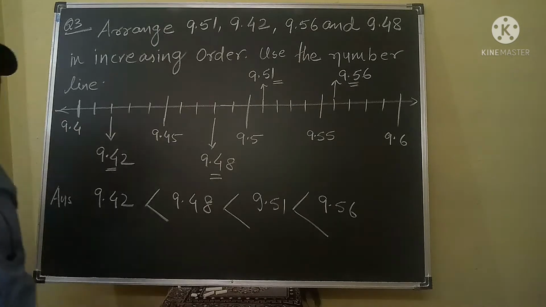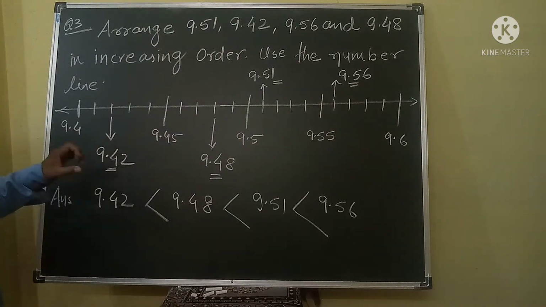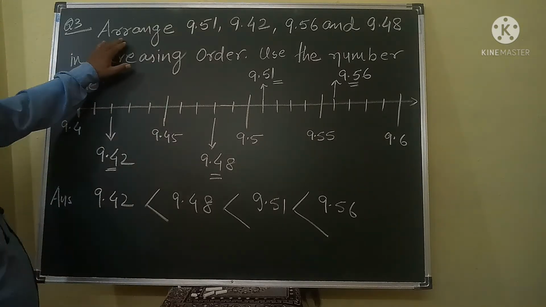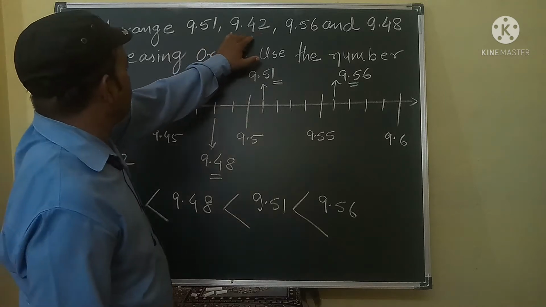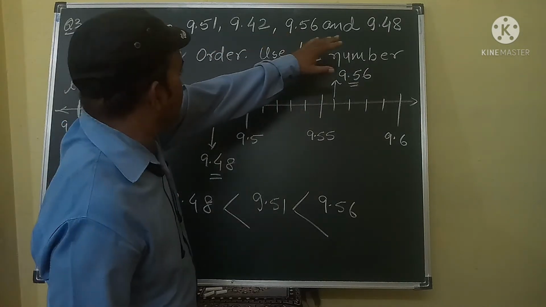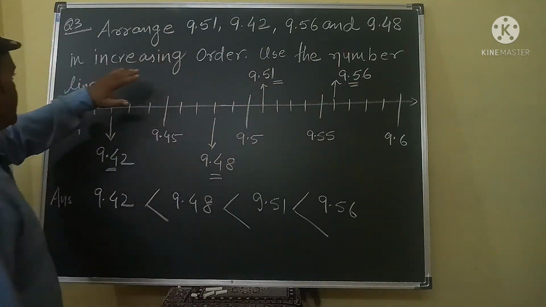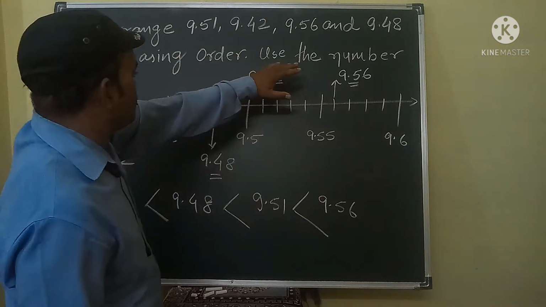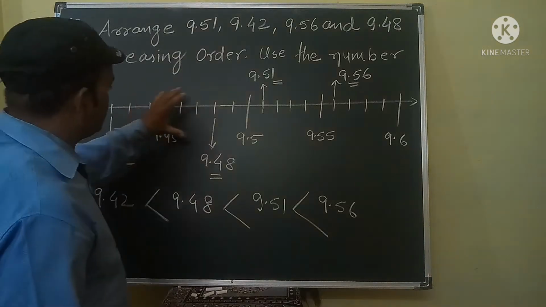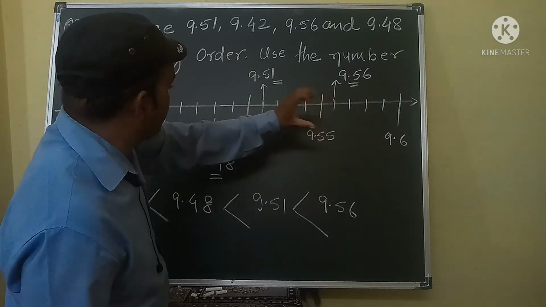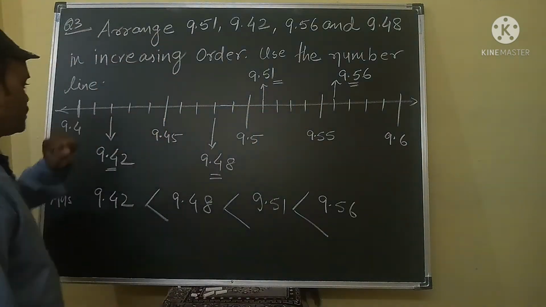Again I will explain. Your question number 3 is: arrange 9.51, 9.42, 9.56, and 9.48 in increasing order. Use the number line. My dear student, this is the decimal number line according to the question.